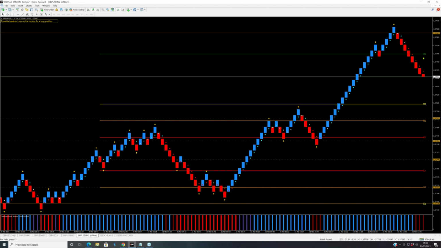Yes, there's been a move, but boy, oh boy, even on a 5 minute chart, it takes hours. It takes 3, 4, 5. There isn't volatility, there's no momentum. Everything is much slower. It takes time to develop.